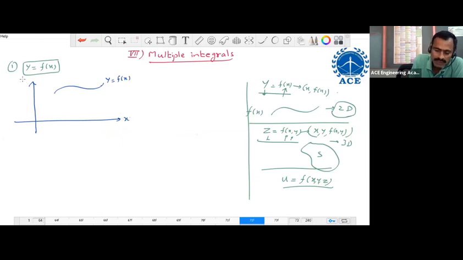It is a curve. On the curve, let us consider two points, capital A and capital B. For the point A, the foot of the perpendicular on the x-axis is at x equal to a. For the point B on the curve, the foot of the perpendicular on the x-axis is at x equal to b.